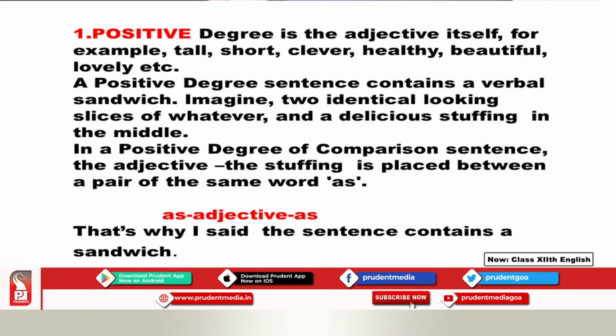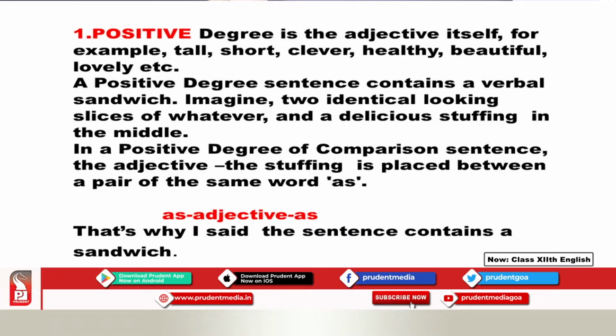A positive degree sentence contains a verbal sandwich. Imagine 2 identical looking slices of whatever, bread, maybe a bun, and a delicious stuffing in the middle.